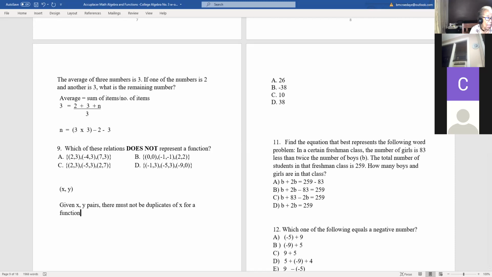In other words, I cannot duplicate my x values. If I have the x there duplicated, then it's not a function.